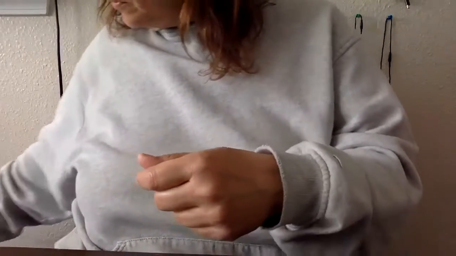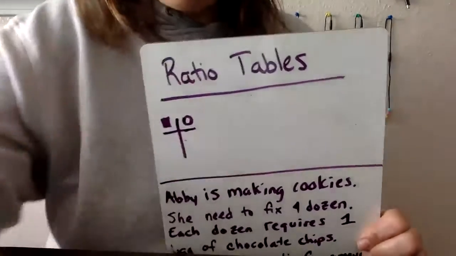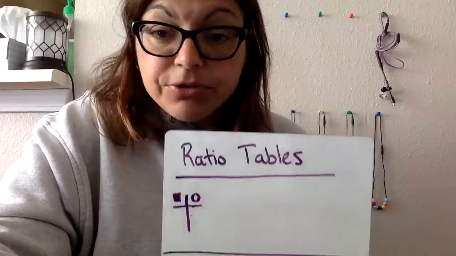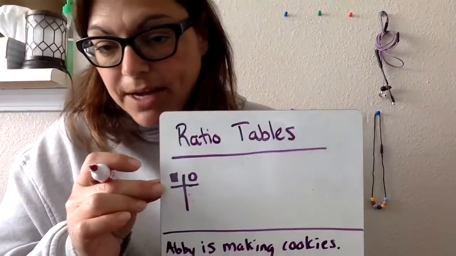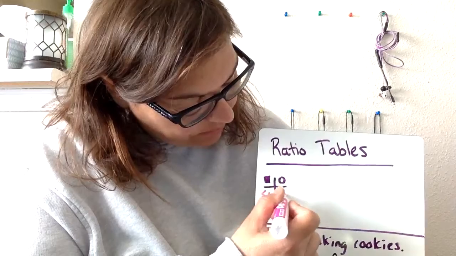So now we did ratio tables. Remember we did ratio tables? We compared the ratios, and then we would create these tables for them. Looking back at our squares and circles, remember we had 4 squares for every 3 circles.